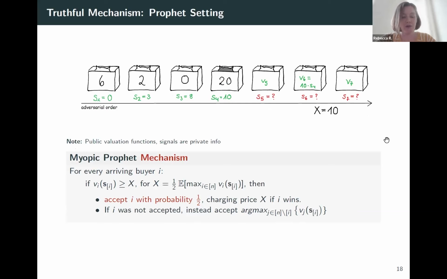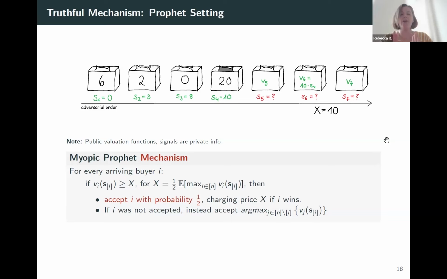We do this as follows. So we will still look at the arriving buyer, compare him to our threshold X, and only consider him if he beats X. But then we don't look into the future and decide depending on that.